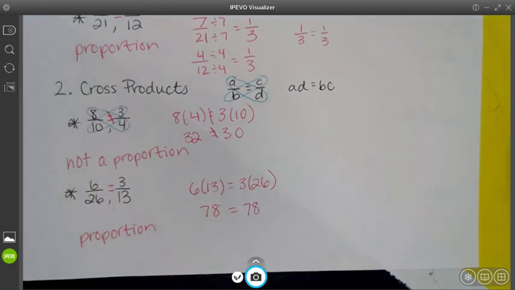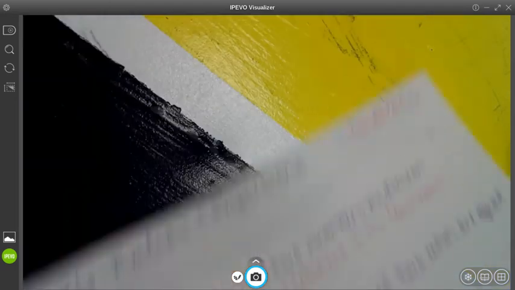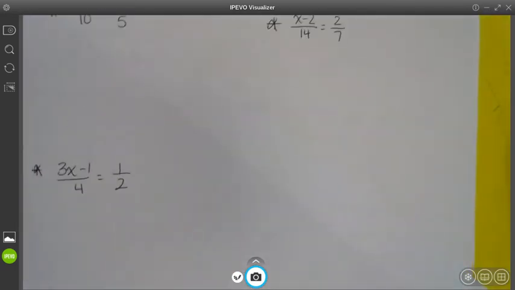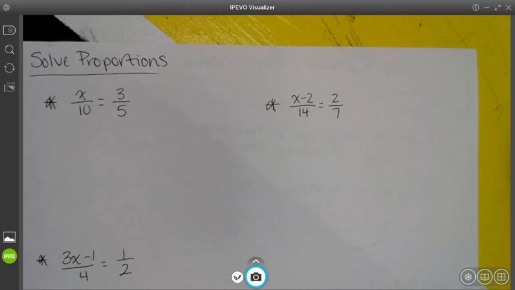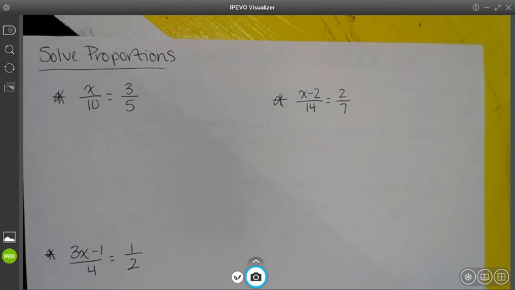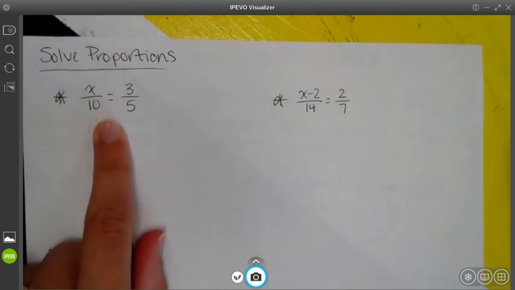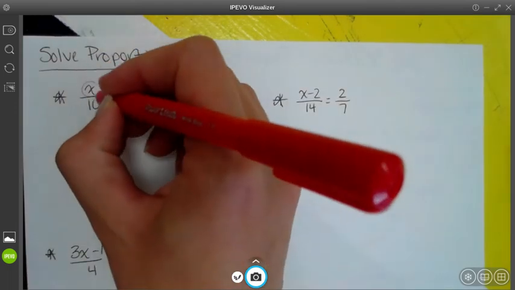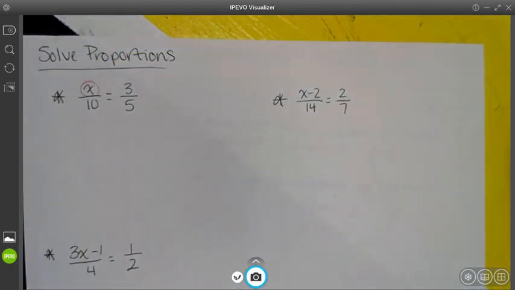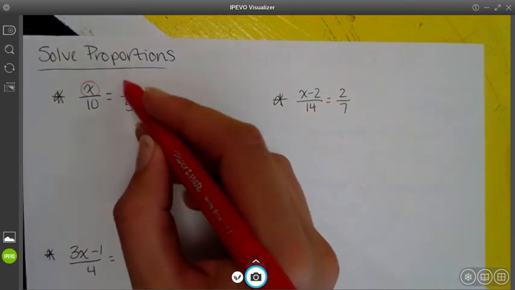Now that we've talked about proportions and what they are, we are going to look at solving proportions. Notice right here, it's already equal. We're saying that this creates a proportion, but we have this variable up here that we don't know the value of. We need to figure out what value of x will make this true.